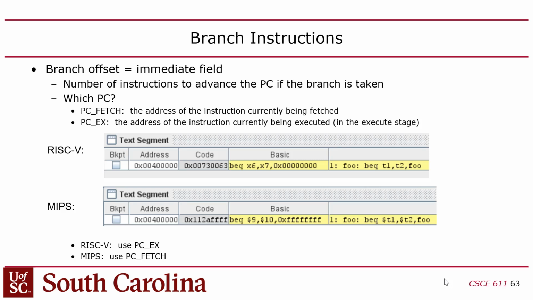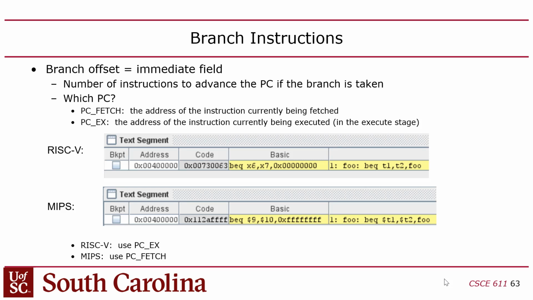But in RISC-V, they changed it to be relative to the program counter of the actual branch instruction. So it's not PC plus 4 anymore. It's the address of the branch instruction itself plus the immediate, right? That's the target. Now you might say, who cares?